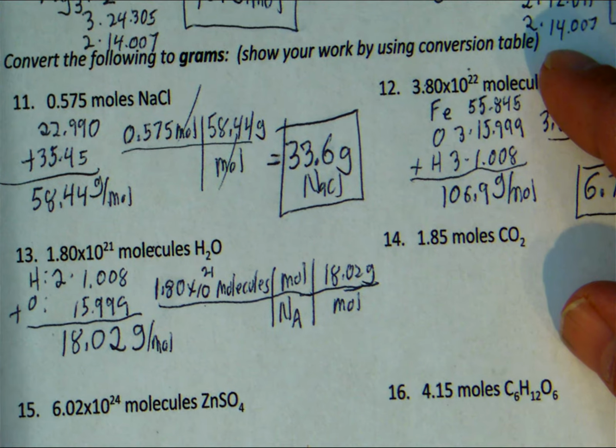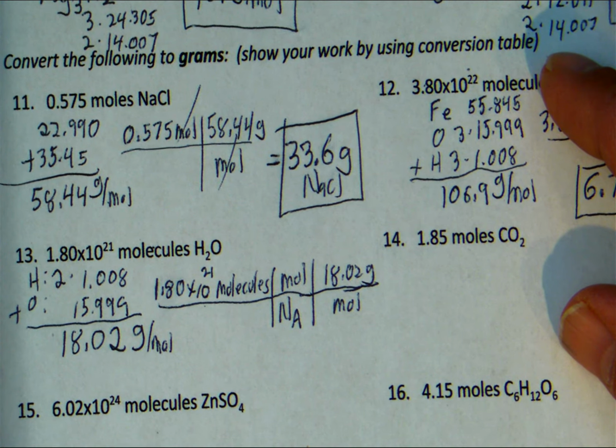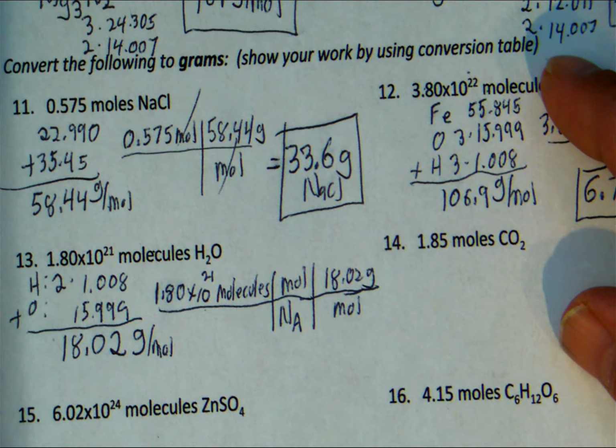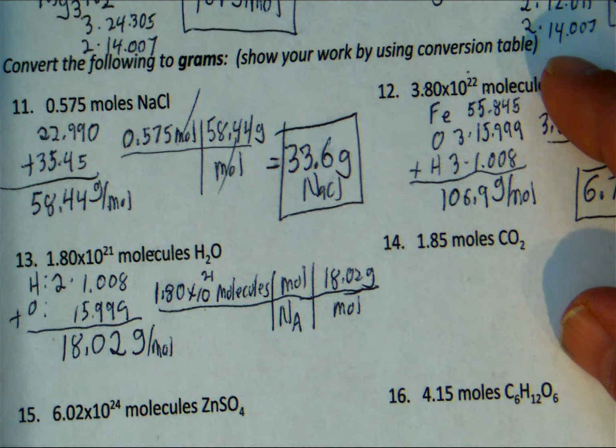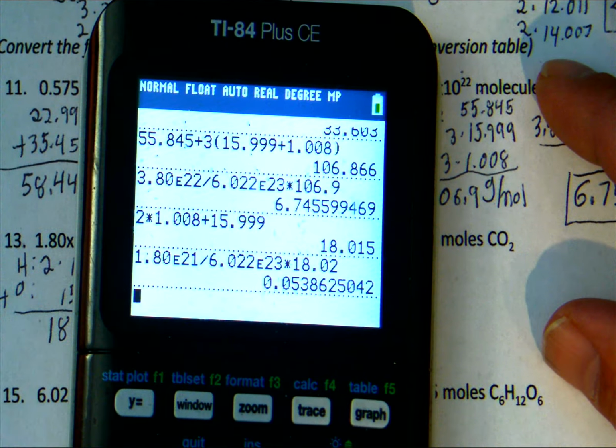So here we go, 1.80 times 10 to the 21st power divided by 6.022 times 10 to the 23rd power times 18.02 grams per mole.